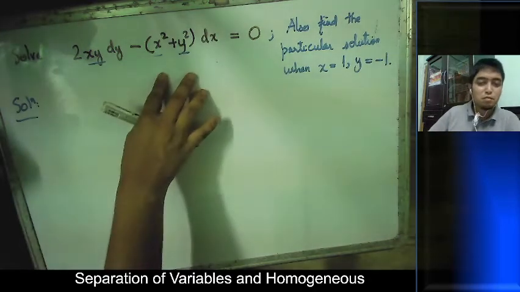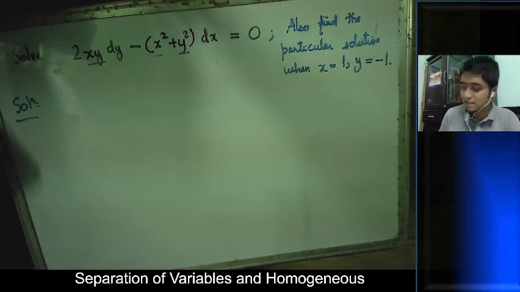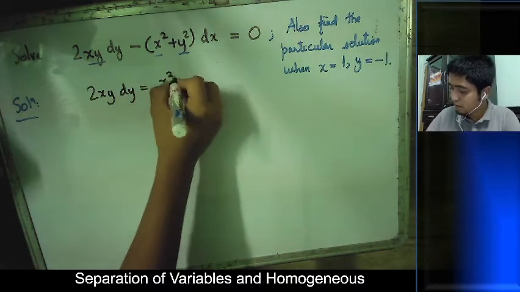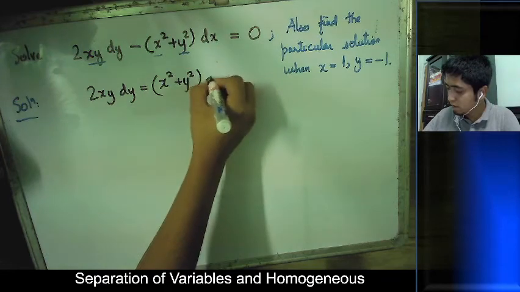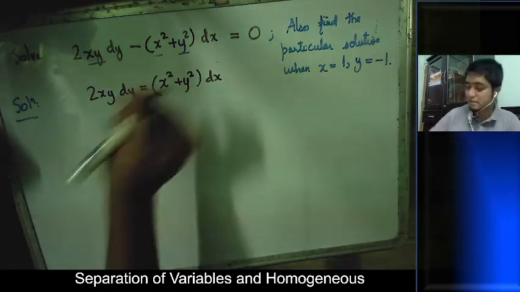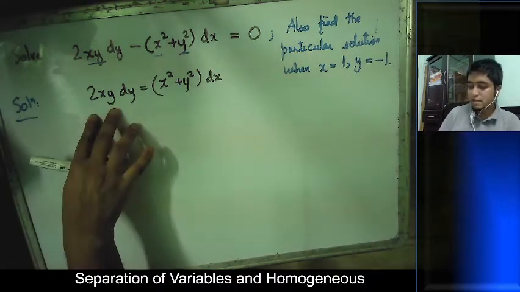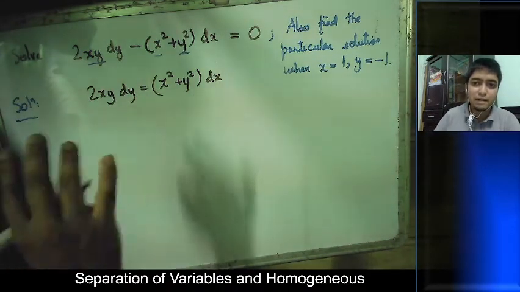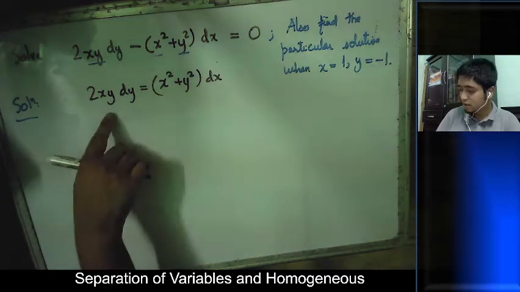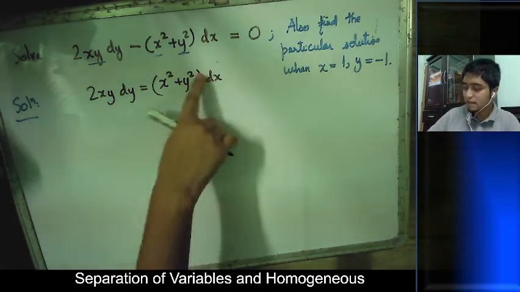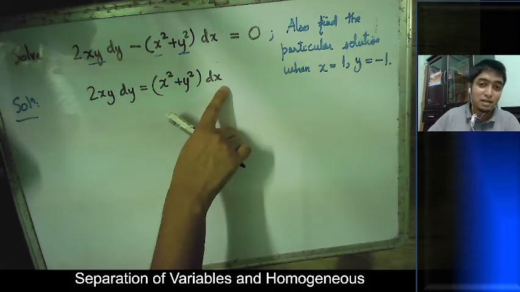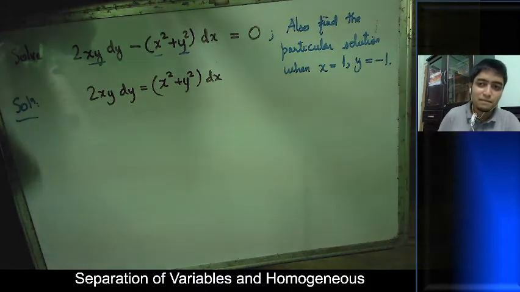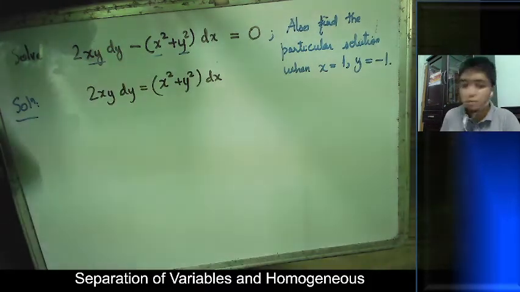Since it is a homogeneous equation, now we just need to follow the steps. Firstly, we will get it like this. You notice over here that the variables cannot be separated. No matter what you try, the variables cannot be separated. You cannot take this x over here because y will always combine with dx. That is why we are resorting to the homogeneous differential equation.